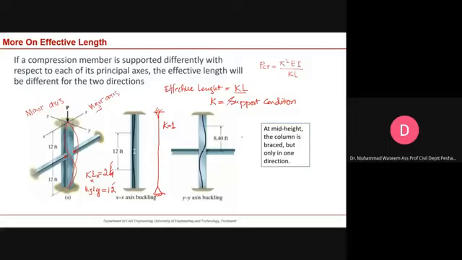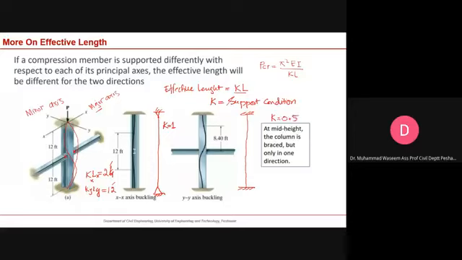And if we have this type of situation, which is demonstrated through this figure, which is fixed, then for this type of compression member with this support condition, the K value will be 0.5.